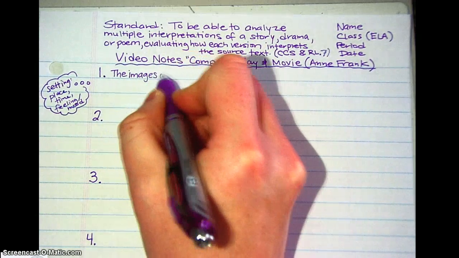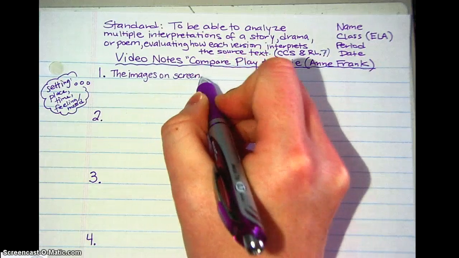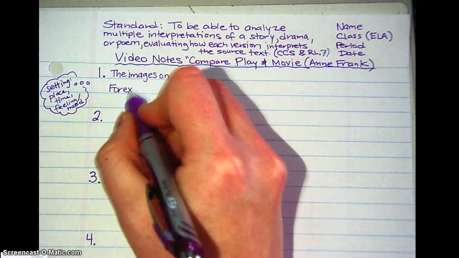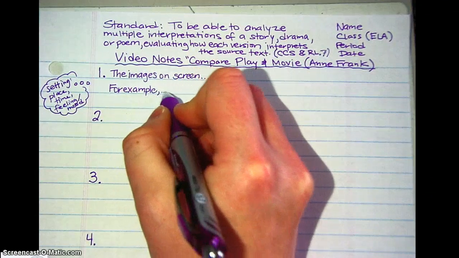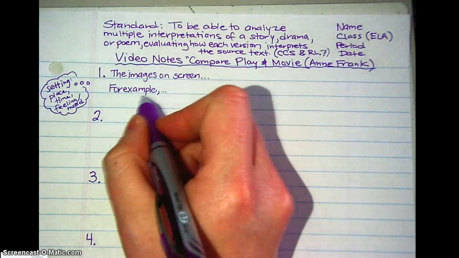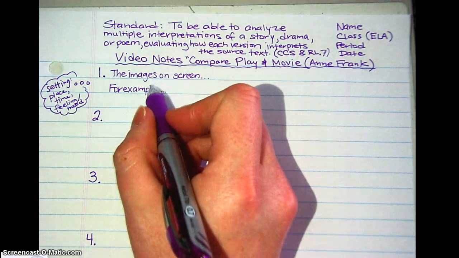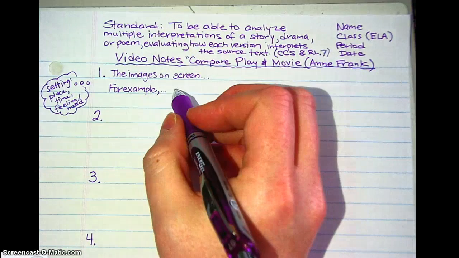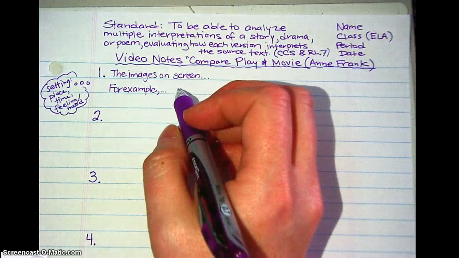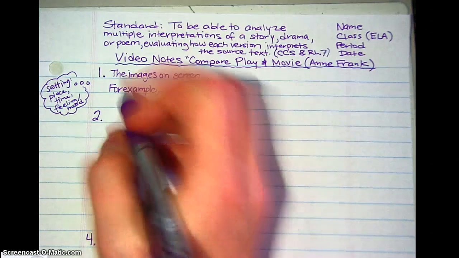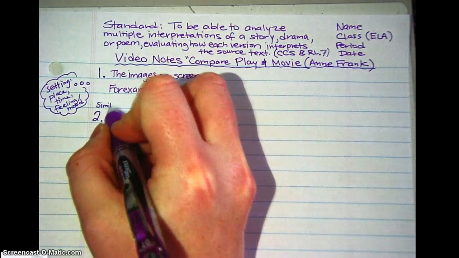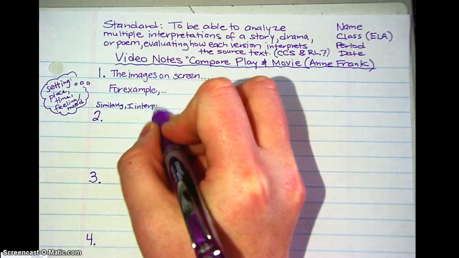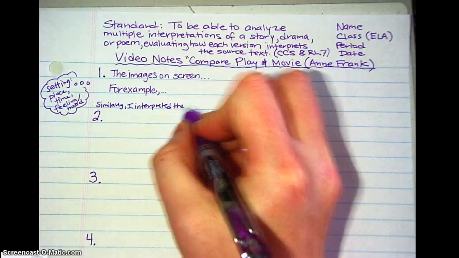The images on screen, for example, and if you felt the same way as the director did in the movie, felt like, yeah, that kind of matches my idea of what the setting would be, you're going to write similarly, maybe: Similarly, I interpreted the setting as.